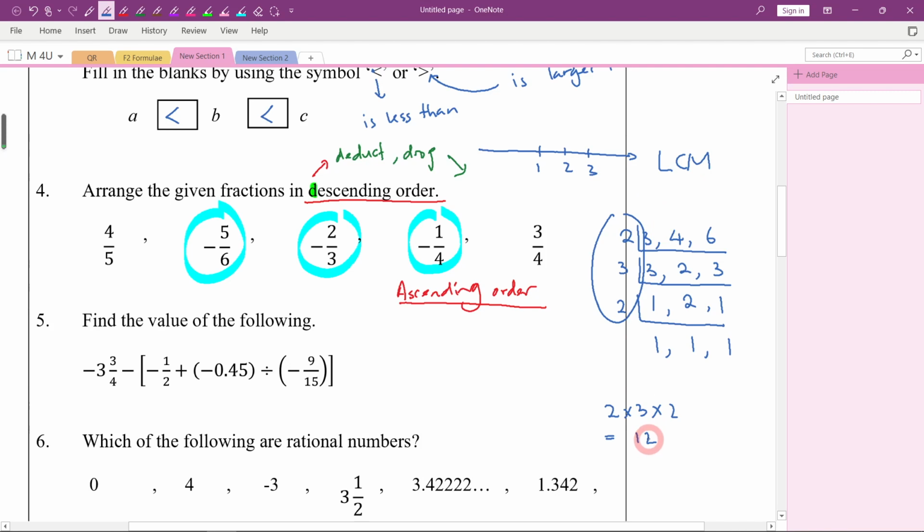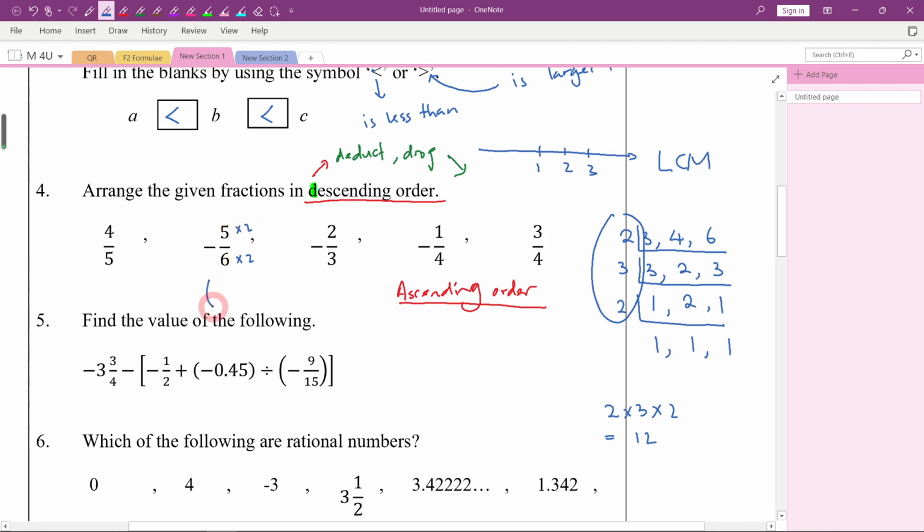What does this mean? It means that 6, 3, and 4 all can change to 12. Okay? Now, how do we change the 6 to 12? We know we need to times 2, right? If here you times 2, you need to do the same thing for the numerator, times 2 as well.